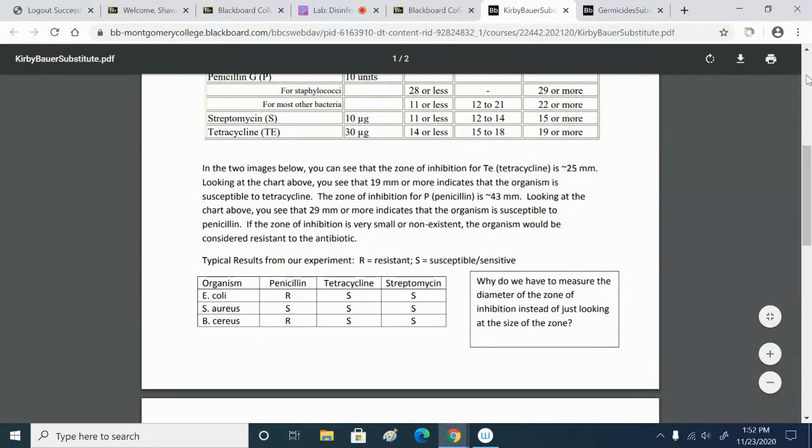Nobody remembers? Peptidoglycan synthesis. So which group of bacteria are killed by penicillin?